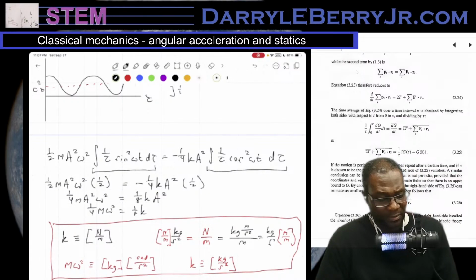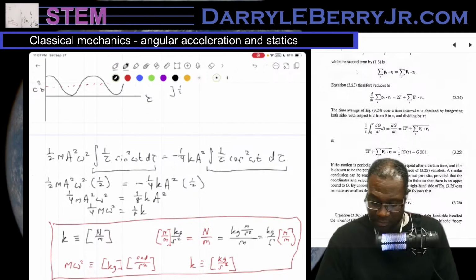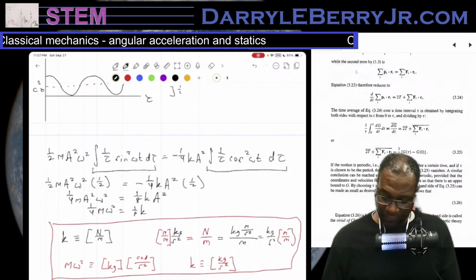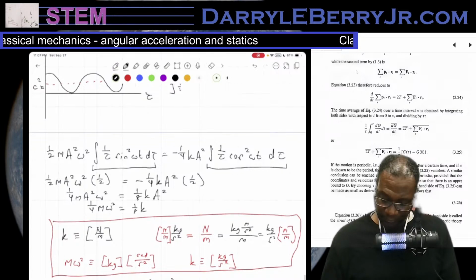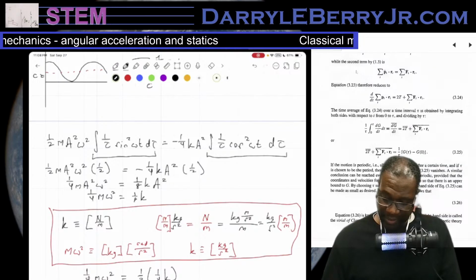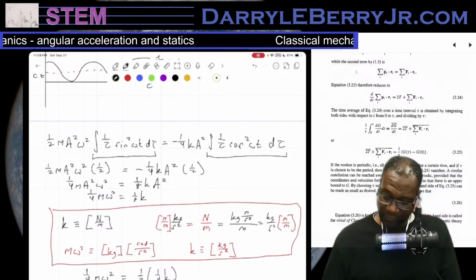So the interesting thing is, so let me write it this way. 1/4 M omega squared equals 1/2 1/4 A. So now we have 1/4 kilograms 1/2 squared equals 1/2 1/4 kilograms 1/2 squared.